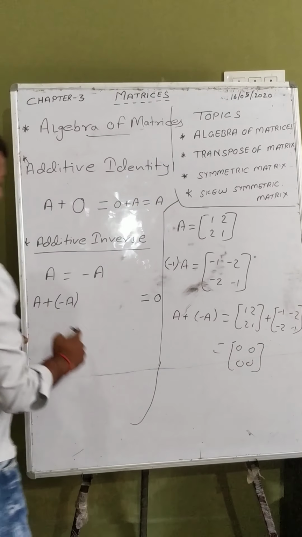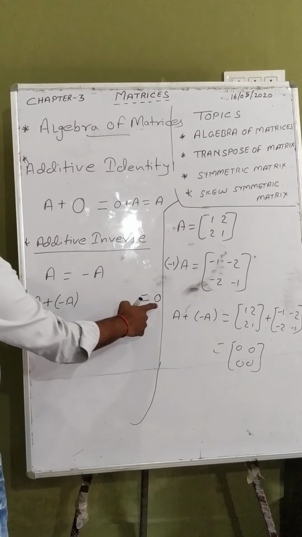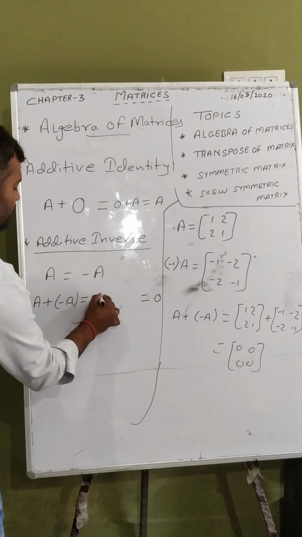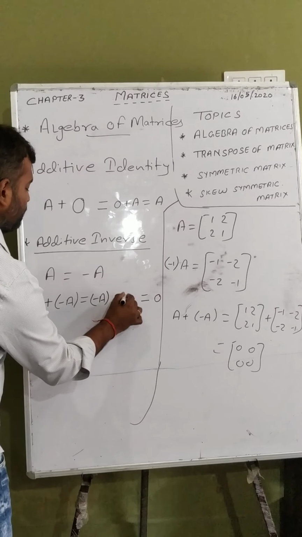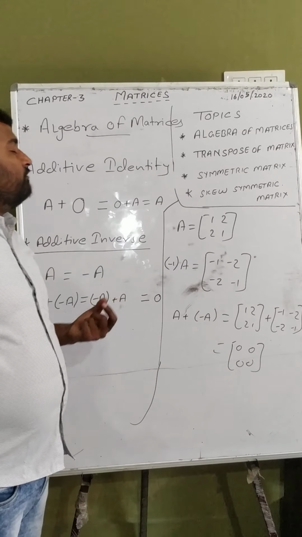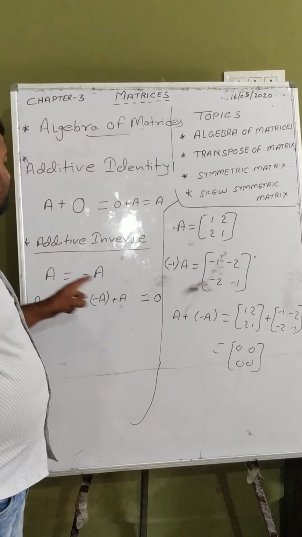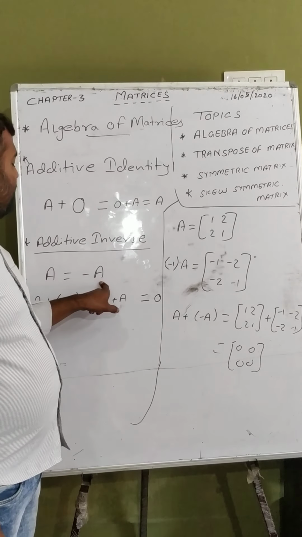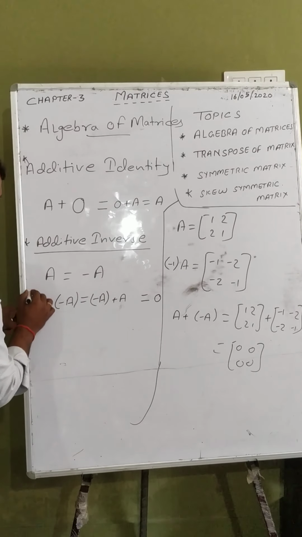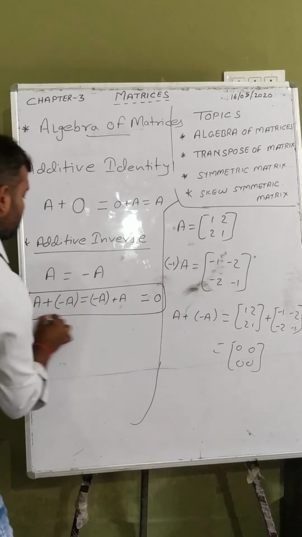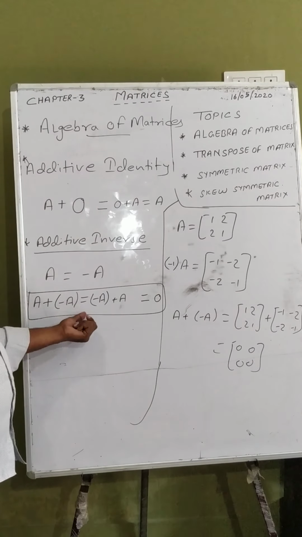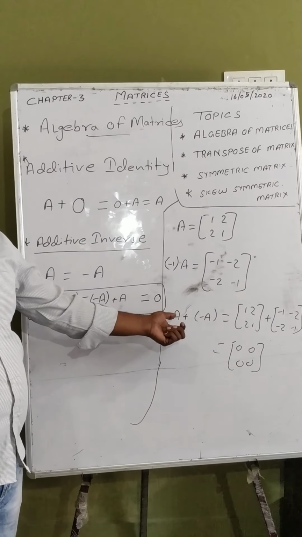We can say A plus minus A equals 0, or changing the order, minus A plus A equals 0. So the additive inverse of a matrix A is denoted by minus A, and the important result is A plus minus A, or minus A plus A, equals 0.